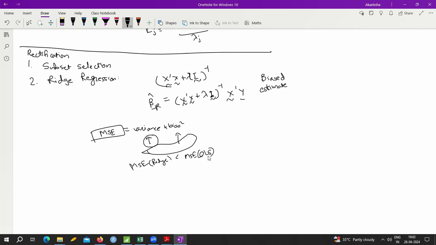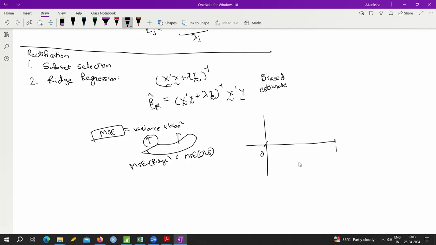Okay. Now how to choose lambda? So we know that our problem with multicollinearity is that the variances of betas are high, so they are not stable. So what we generally do is we experiment with various values of lambda, mostly between 0 and 1. In fact, many a time values very close to 0 also suffice.